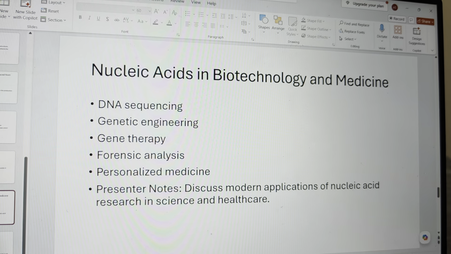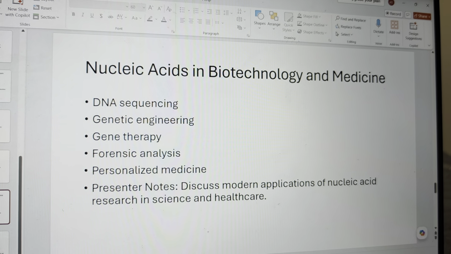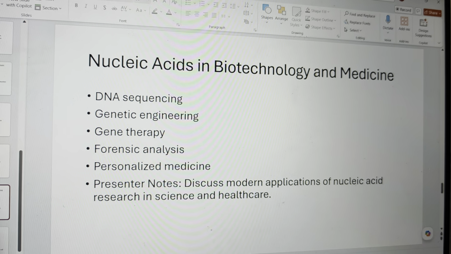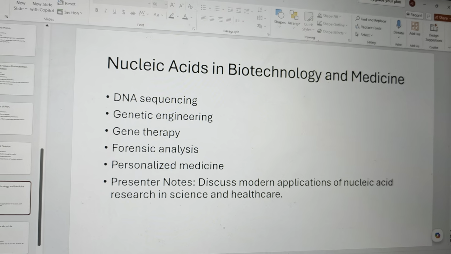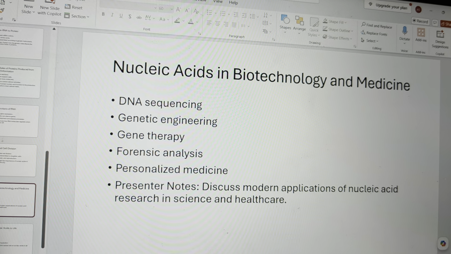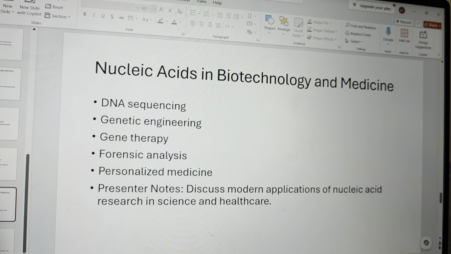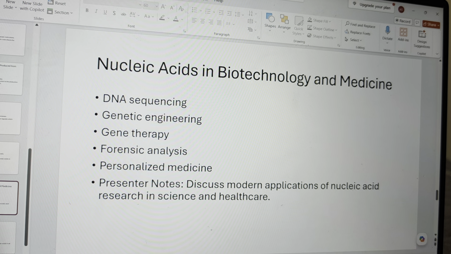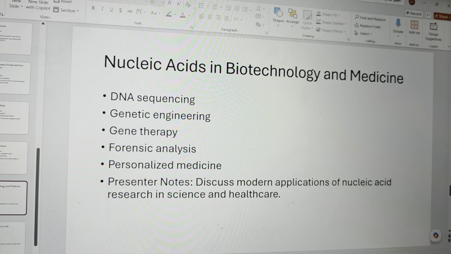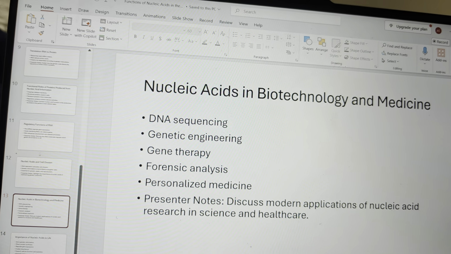Next slide, we'll talk about nucleic acids in biotechnology and medicine: DNA sequencing, genetic engineering, gene therapy, forensic analysis, and personalized medicine. The idea is to discuss modern applications of nucleic acid research in science and healthcare.